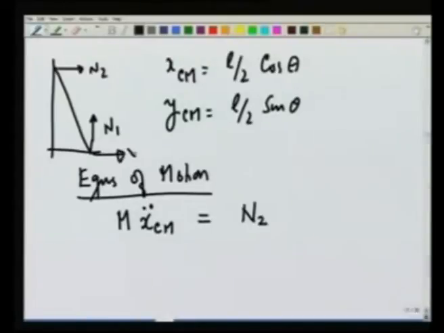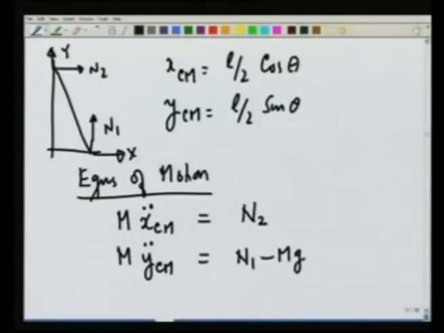This is x direction, this is y direction. Mass of the ladder y cm double dot is going to be equal to N1 minus mg. That is for the translational motion of this center of mass, equation 1, equation 2.